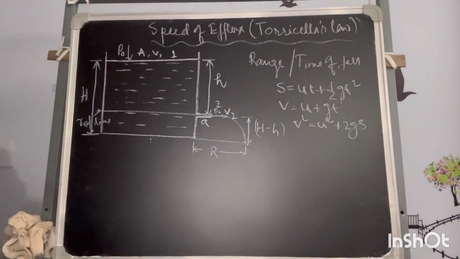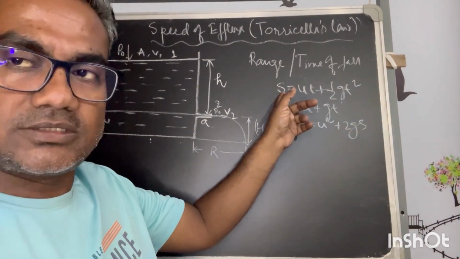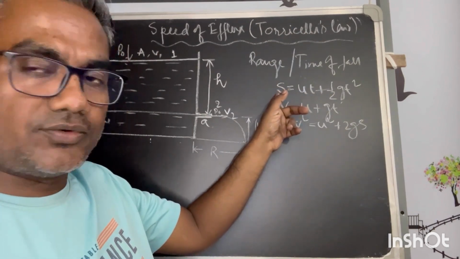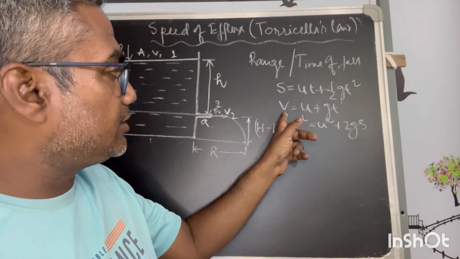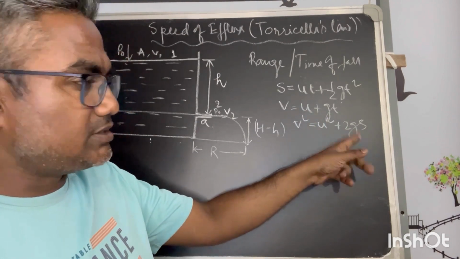So you know this. This is the time of fall, this is the distance of fall or fall height, this is the final velocity, this is the initial velocity, and g is the gravitational acceleration.